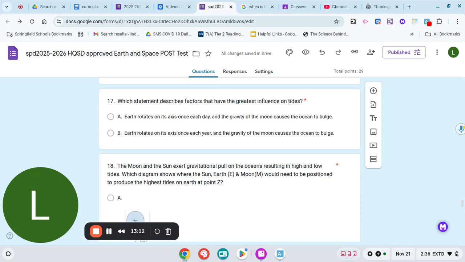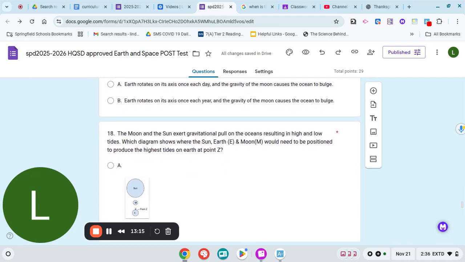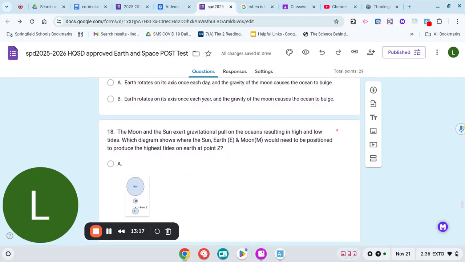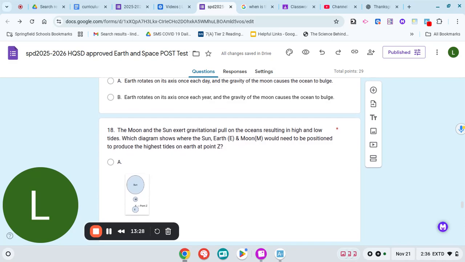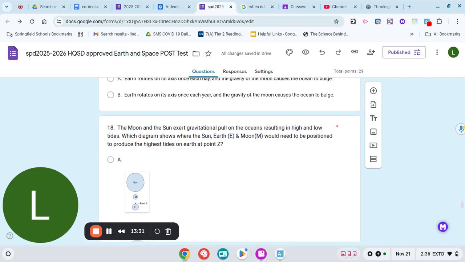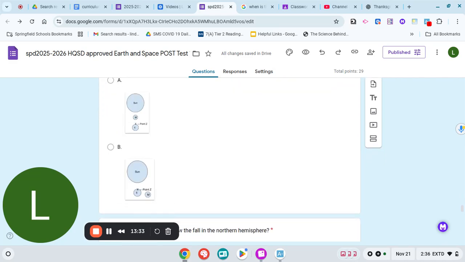Number 18, the moon and the sun exert gravitational pull on the oceans, resulting in high and low tides. Which diagram shows where the sun, the earth, and the moon would need to be positioned to produce the highest tides on Earth at point Z?